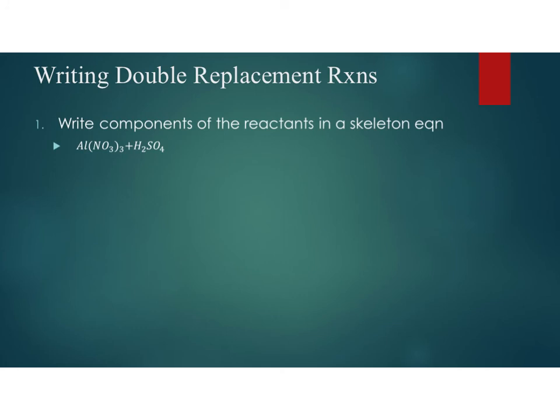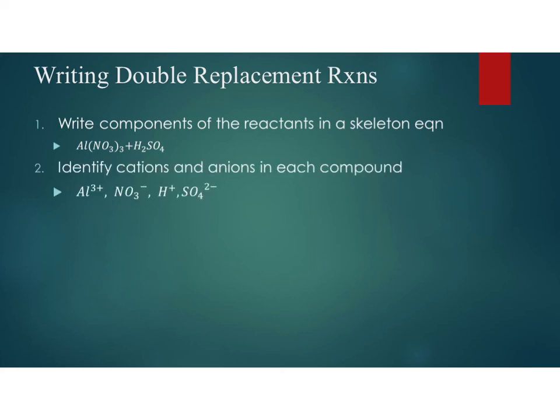The first step is to write the components of a reaction in a skeleton equation. So here you can see that we have aluminum nitrate plus sulfuric acid. The second step is to identify the cations and anions in each compound. Because remember, in order for an ionic compound to become neutral or balanced, we have to have a positive and a negative together.